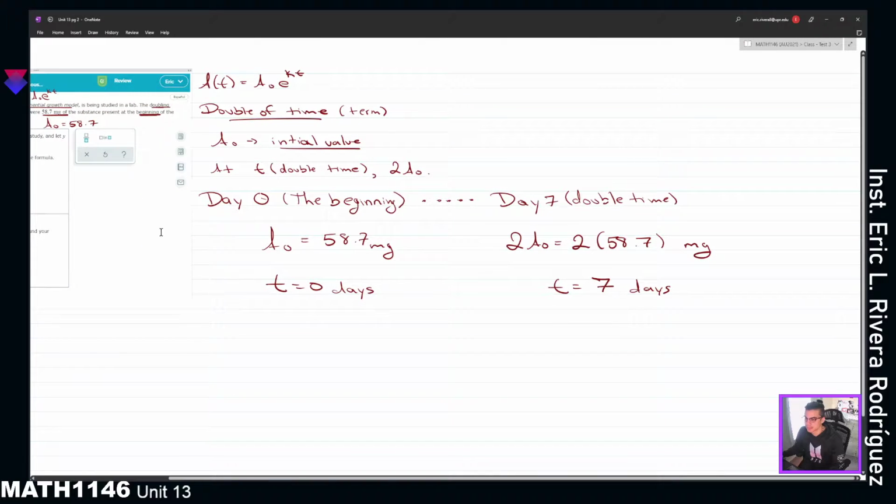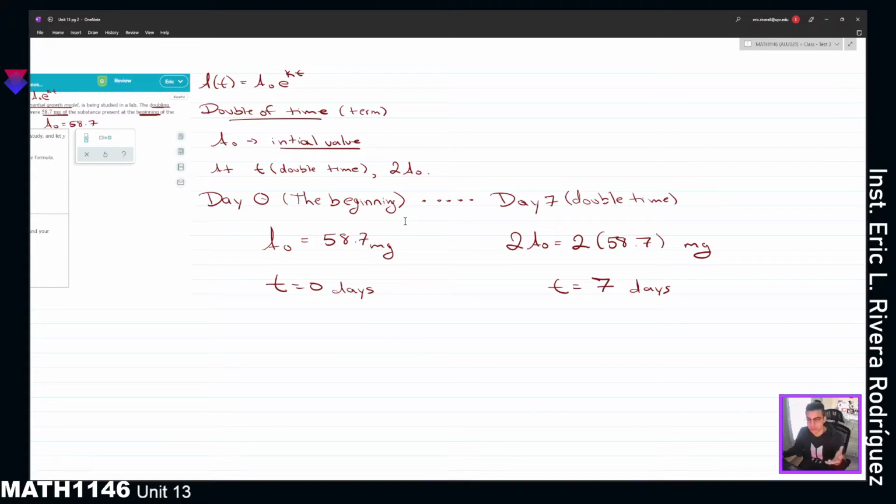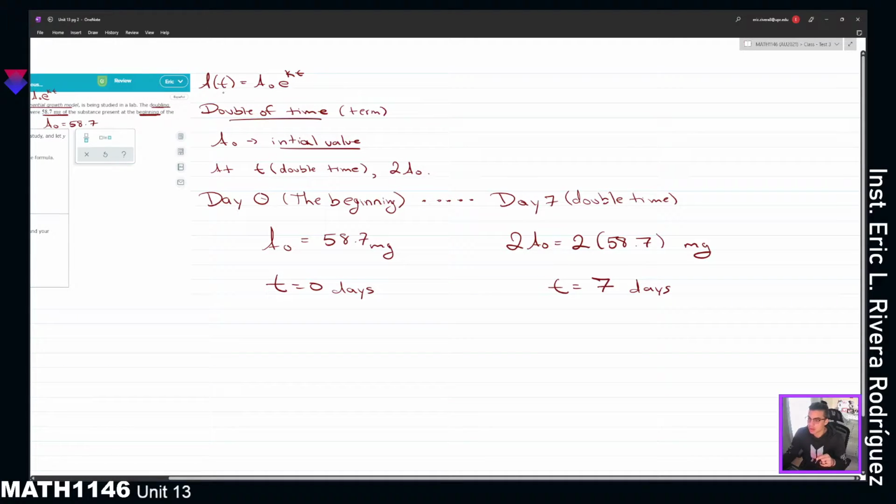All right. So from reading the word problem, we can get this information. Let me go further and complete the law of exponential growth, or the formula, using the information that we got so far.